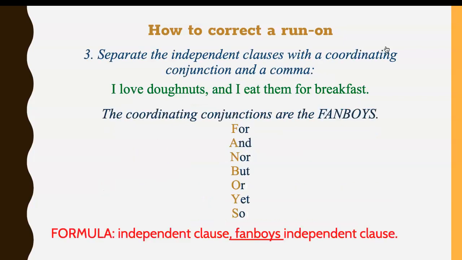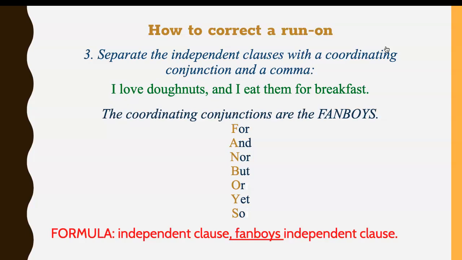Okay, so the third way is to separate the two independent clauses with a coordinating conjunction and a comma. So for example, I love donuts, comma, and I eat them for breakfast, period. This one calls for a little bit more work, but really it's not that much more work.